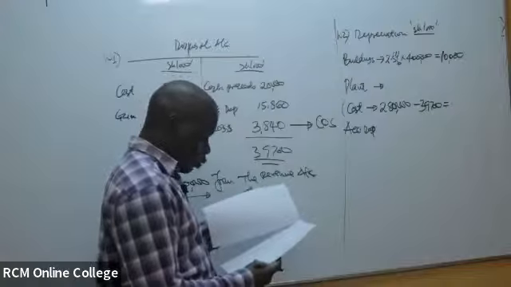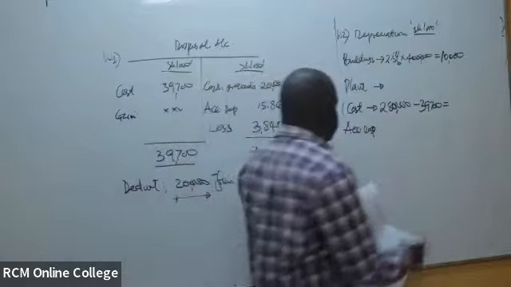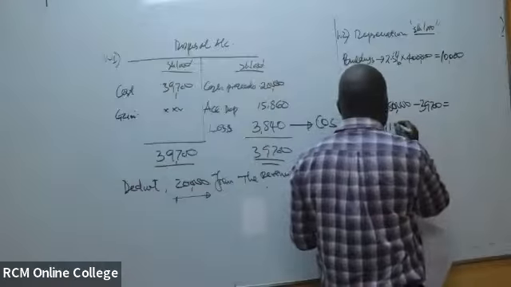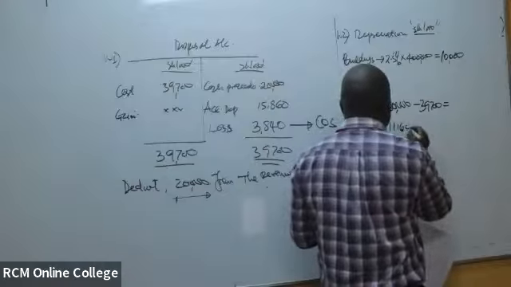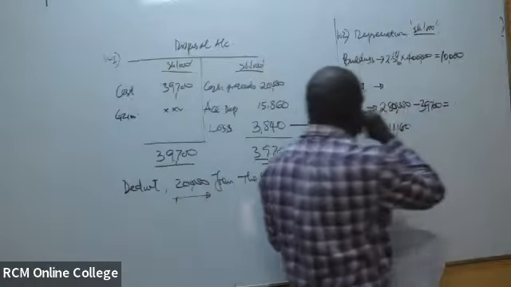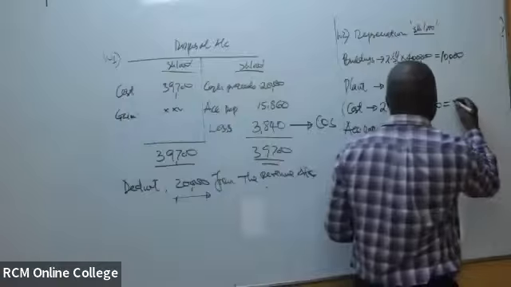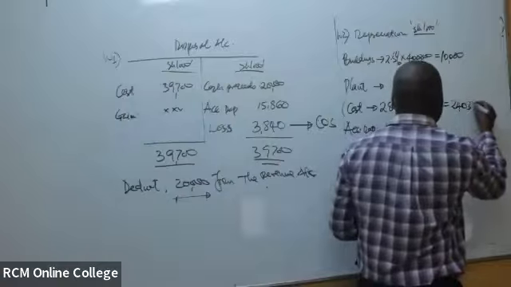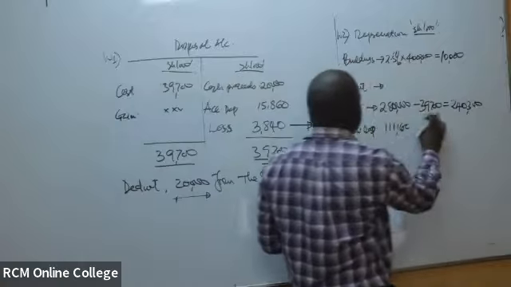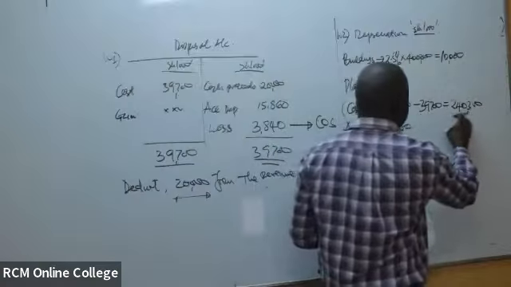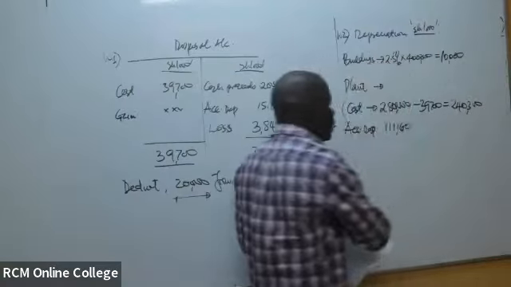On plant, it is 111,160. What is the figure you're getting here? It is 240,300, sawa. So when you remove this item of plant which was sold, this is the cost of the items of plant which you are remaining with.